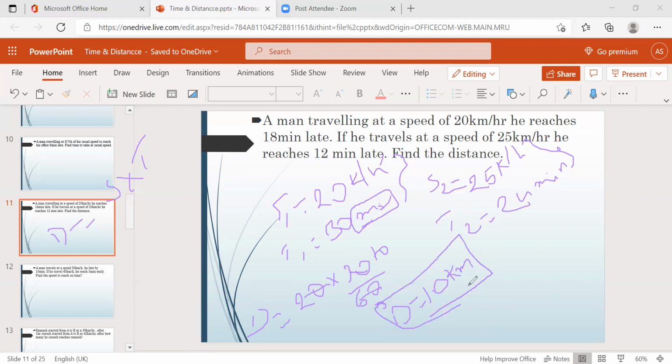If you take the other one, we'll get the same. That is 25 into 24 by 60, 24 minutes divided by 60.